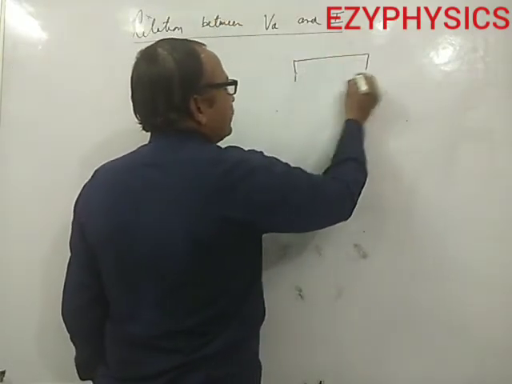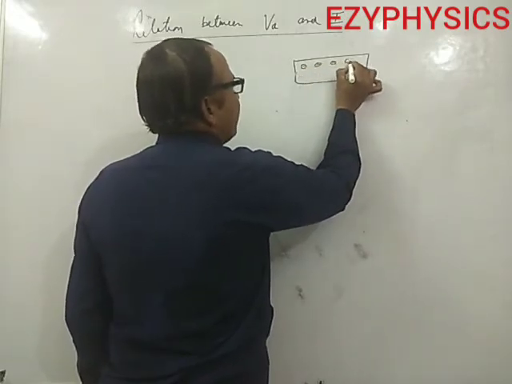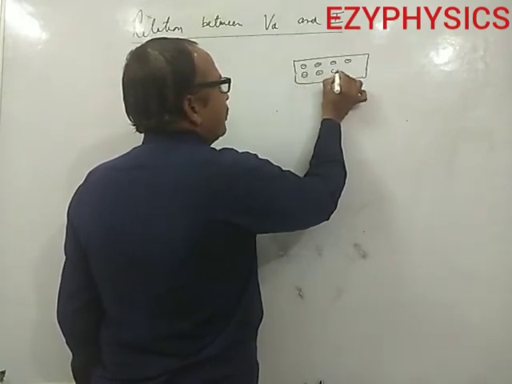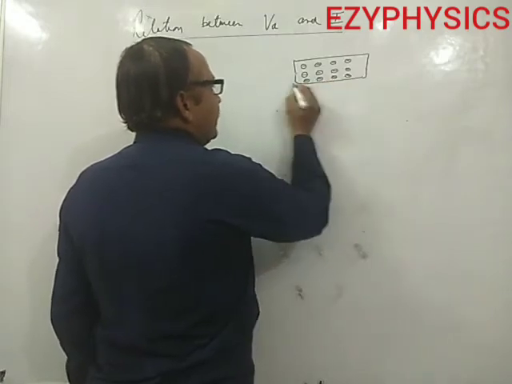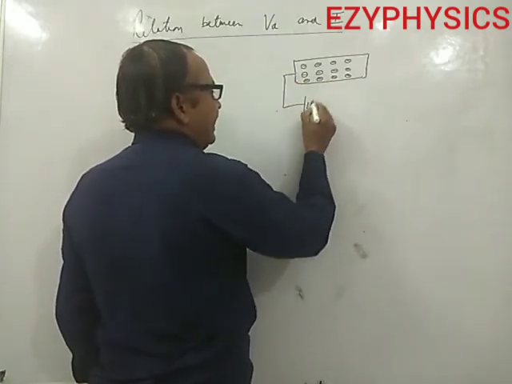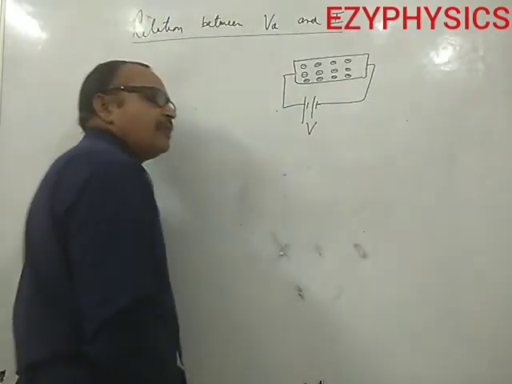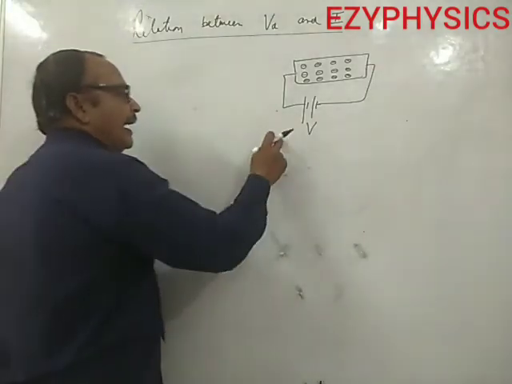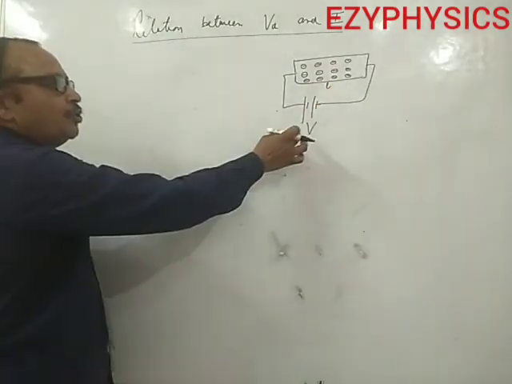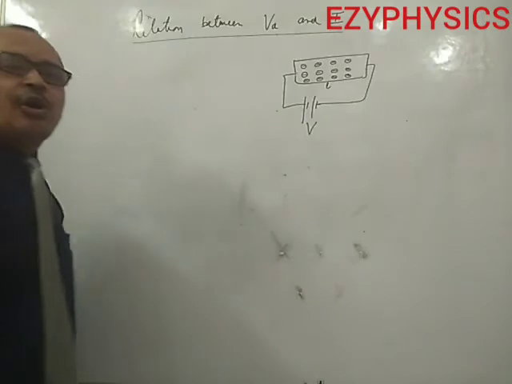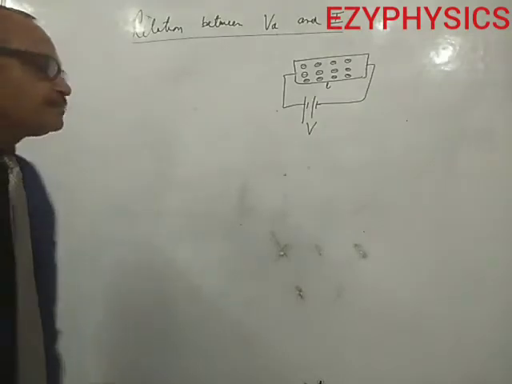Now suppose we consider a conductor which contains electrons. Obviously there are other charges also, but we are talking about electrons. When you apply an external source of energy having potential V, and L is the length of the conductor, due to this V there will be a development of an electric field which will exert a force on the electrons.